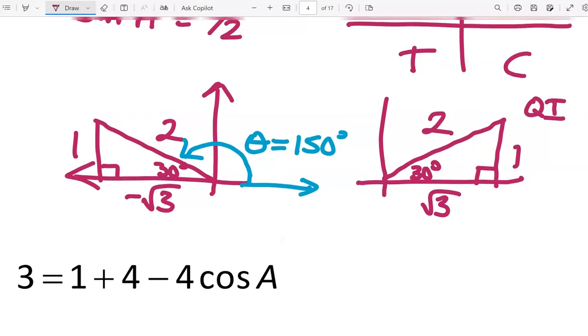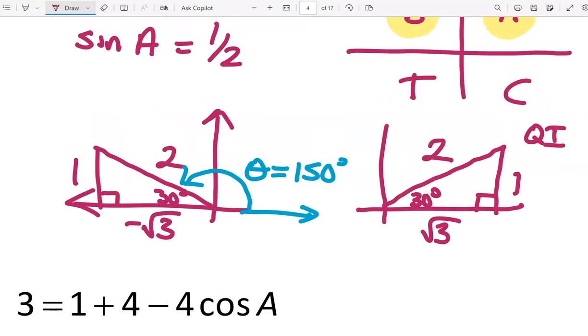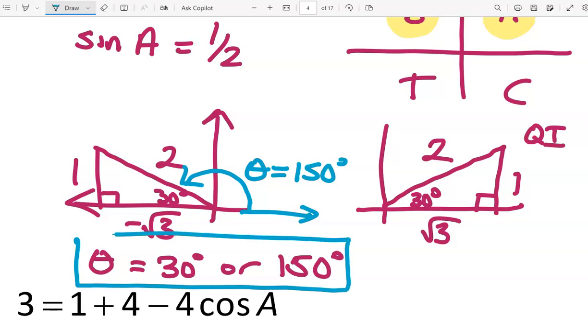So sometimes I'm going to say sine is ambiguous. That is, if the sine of angle A is 1/2, there are actually two solutions. That means that theta is either equal to 30 degrees or theta is equal to 150 degrees, and we do need to give both solutions. One thing that you will notice about this pair of quadrant 1, quadrant 2 solutions is if we have those two solutions in those quadrants, they will be supplementary.